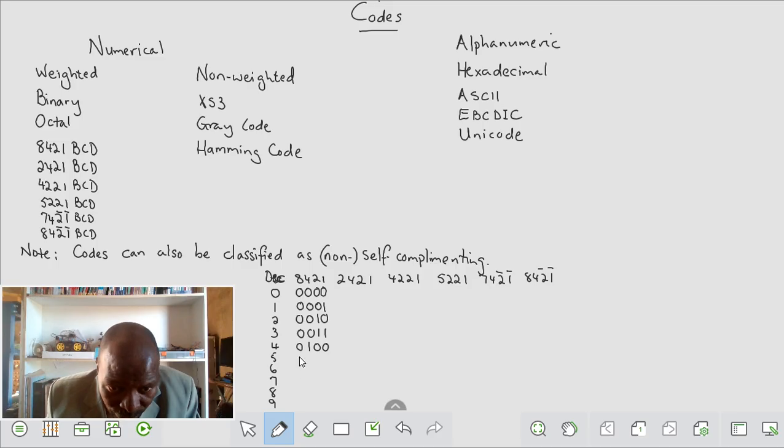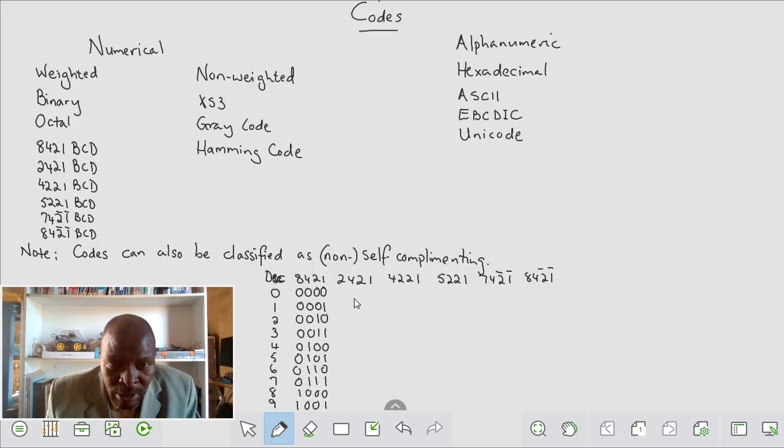The 5, we need a weight of 4 and a weight of 1, so that's the 5. The 6 is the 4 and the 2, the other weights. Okay, the 7, we need what? We need the 4, the 2, and the 1. The 8 is the 8, and the 9 is the 9.